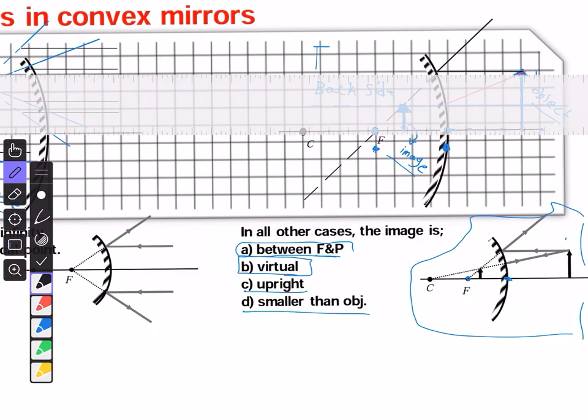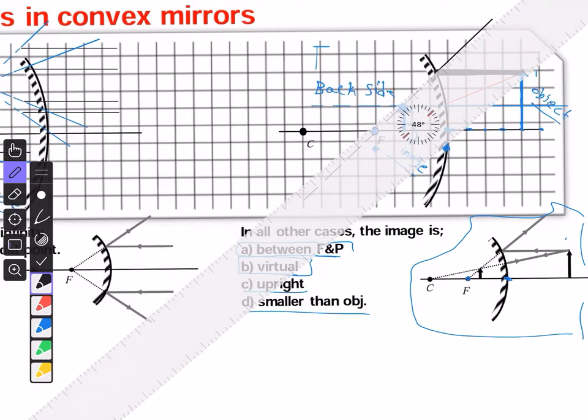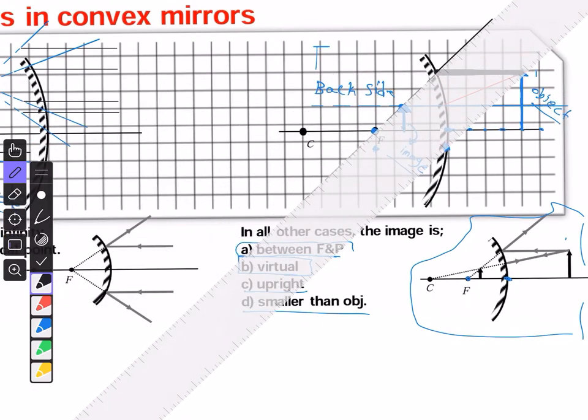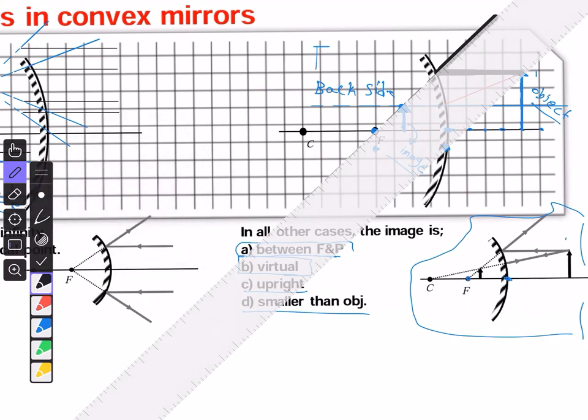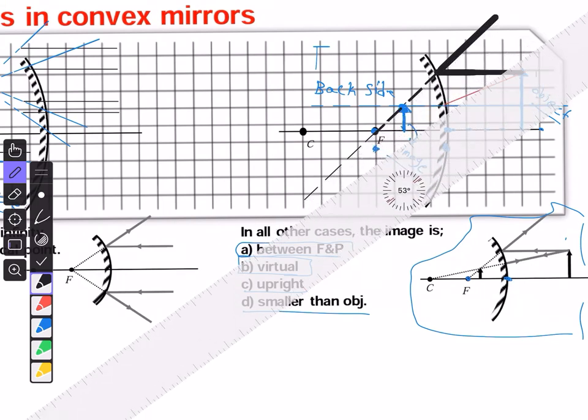First, what we did, we sent the ray straight, and it must be reflected back, and the imaginary line should pass through the focal point. As you see, it goes through the focal point.